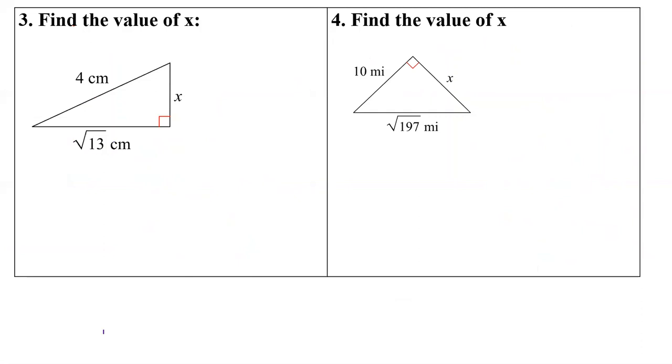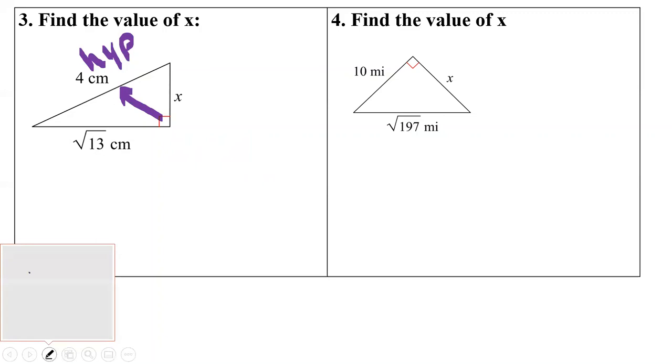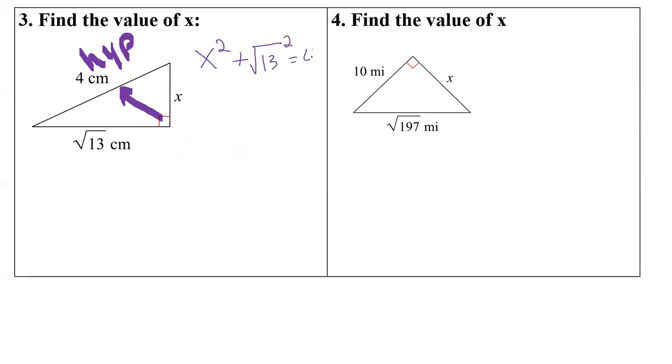So side squared, right? Here's our hypotenuse. It's across from my 90. So I have x squared plus the square root of 13 squared equals 4 squared.